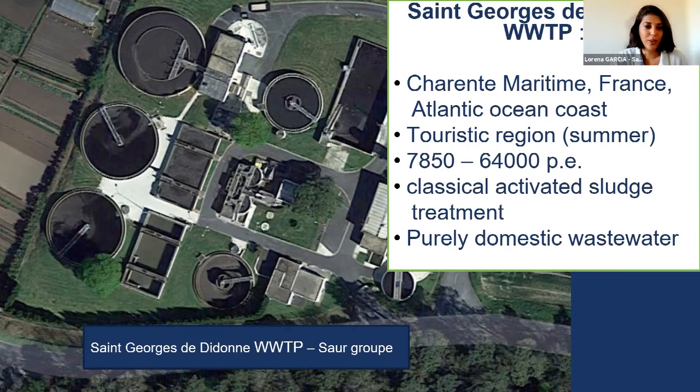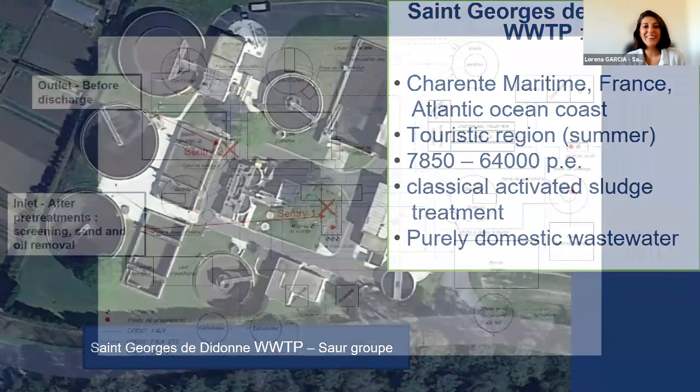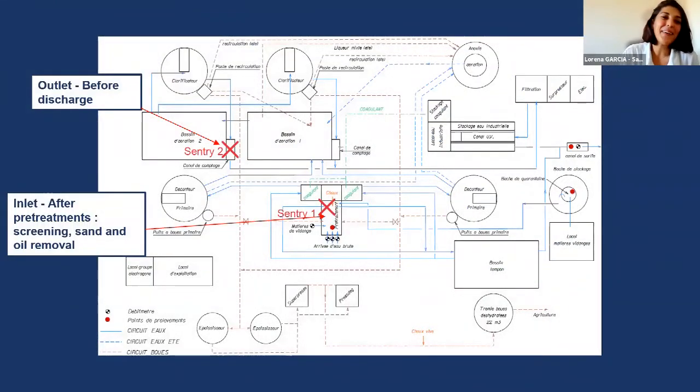Can I have the next slide? Of course. Yes, sorry. So we had 2 probes installed, one in the inlet right after the pre-treatment screening, sand and oil removal, and the second one in the outlet. And as I said before, this is purely domestic.